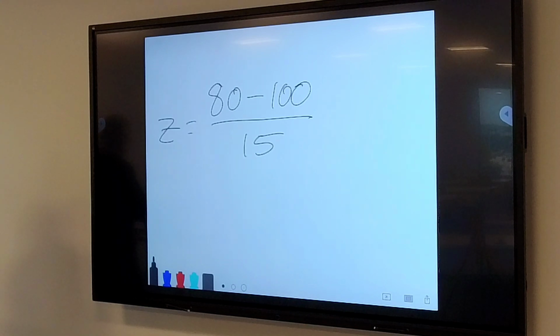This is the z-score, right? It is the number of standard deviations away from the mean that 80 is. So yeah, it's 1 1/3. You'd have just a minus 20 over 15, so that's minus 4/3.